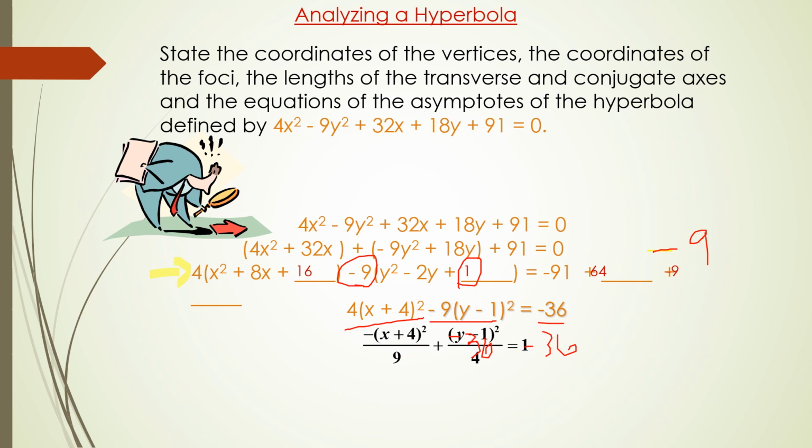Divide both sides by negative 36 so that it becomes 1. Of course, the negative remains.